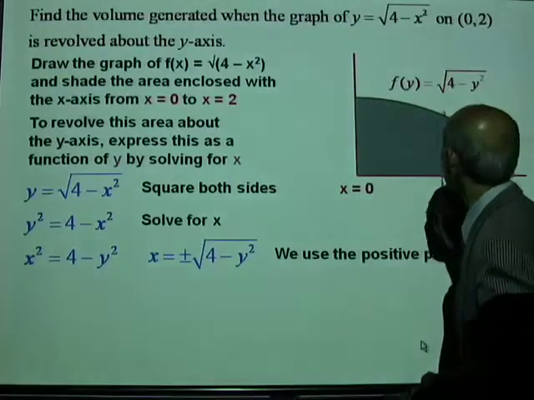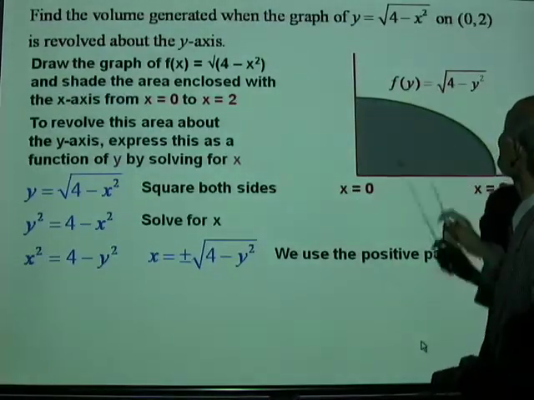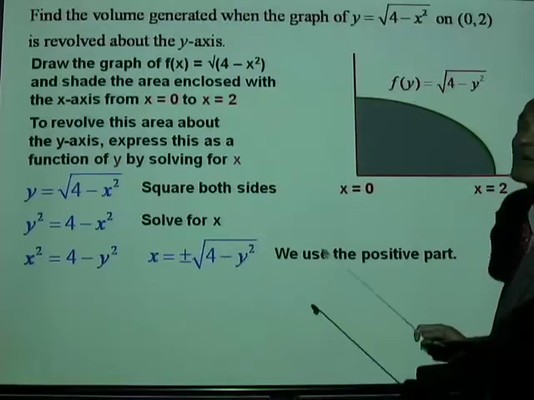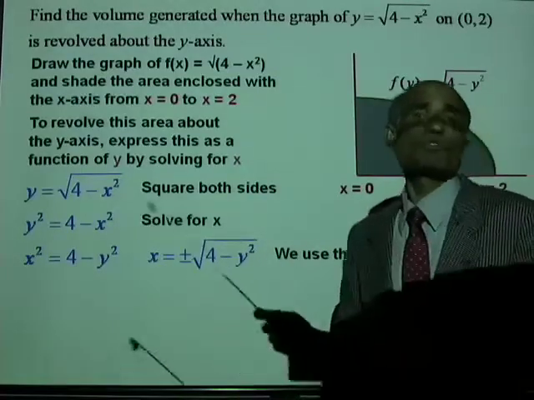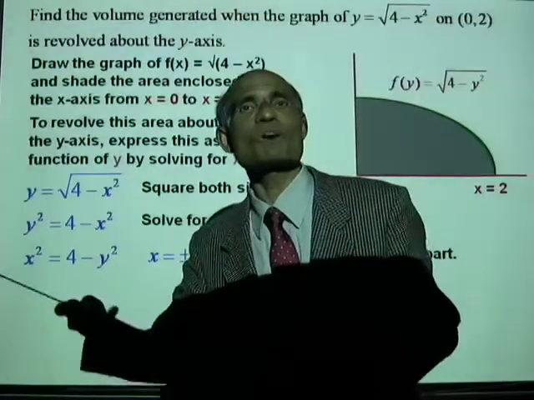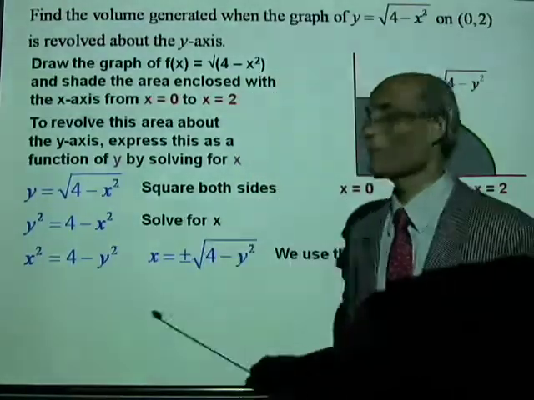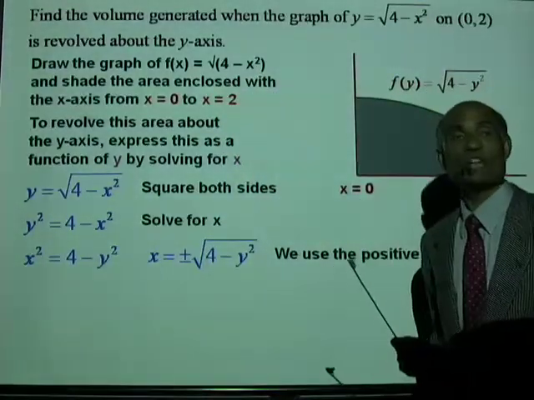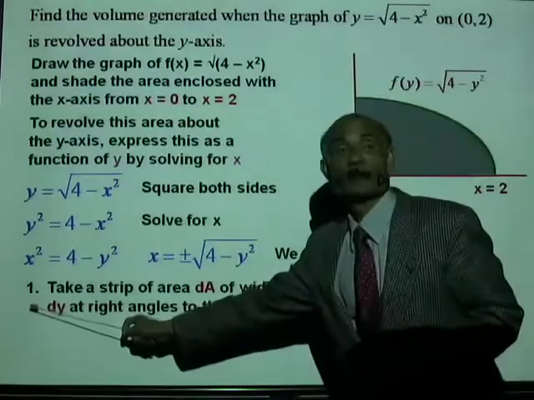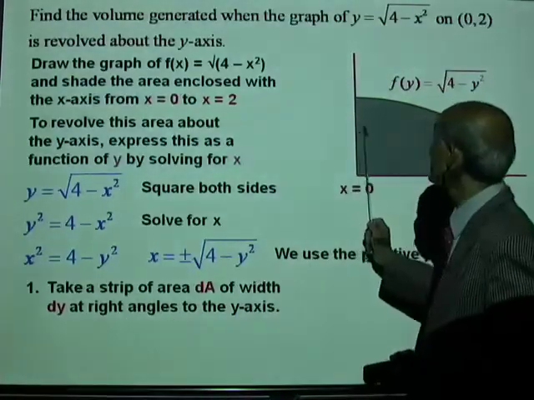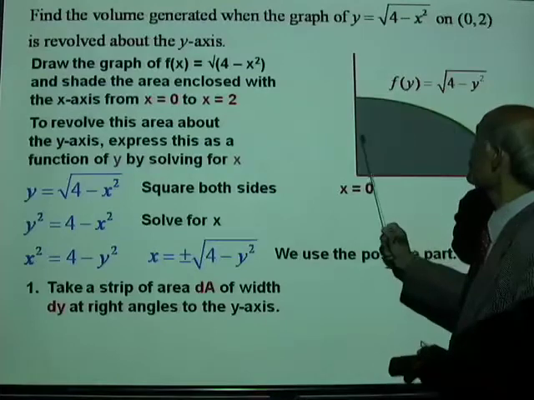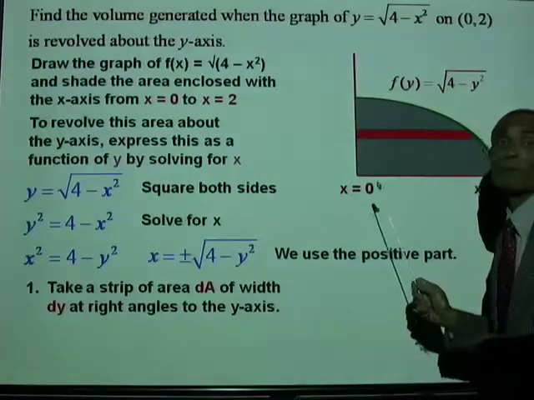Okay, so we have now f of y equal to square root of 4 minus y squared, which is also the same as x equal to square root 4 minus y squared. So we have done that. What's the next step? Take a strip of area dA at right angles to the y-axis. There you go.